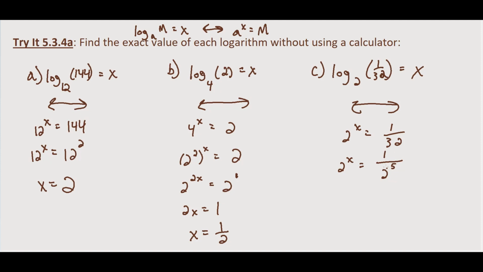But then how do we get rid of the denominator? Well, we just move it to the numerator and change the sign of the exponent to negative. So 2 to the x equals 2 to the negative 5th, same base, which means the exponents are equal. So x equals -5.